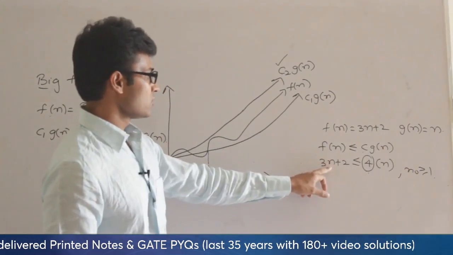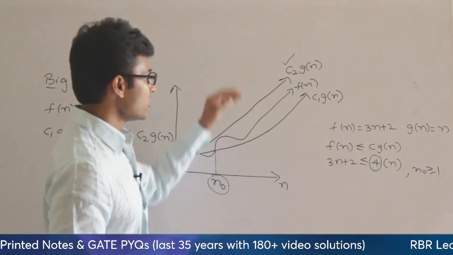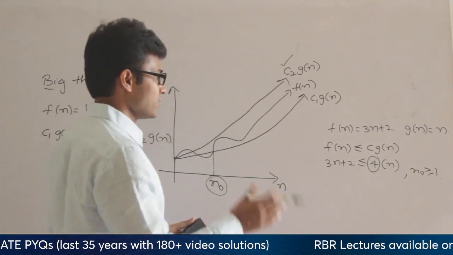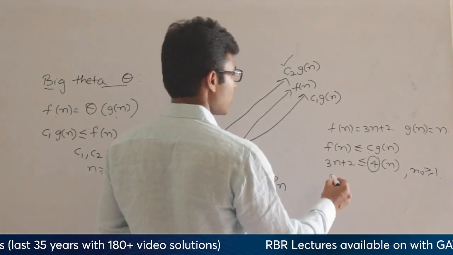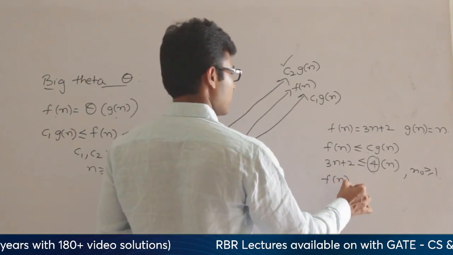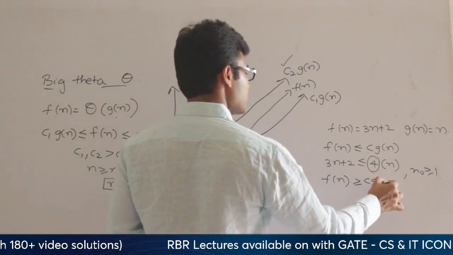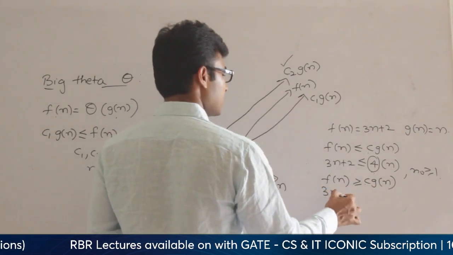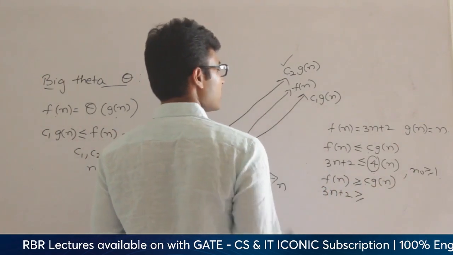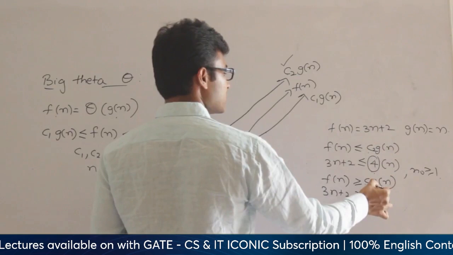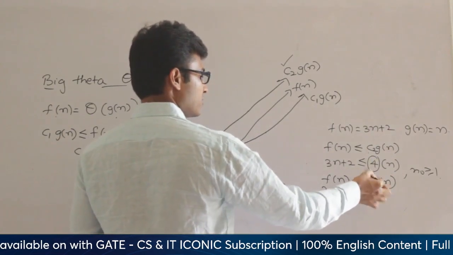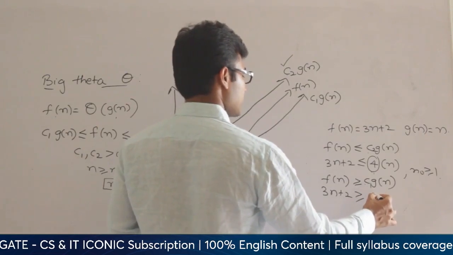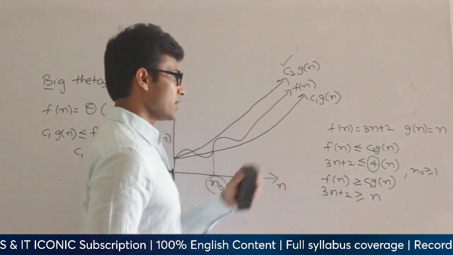So always 3n plus 2 is less than or equal to 4n, which means g of n can be an upper bound for f of n, as well as let us see if it is lower bound as well. So f of n is greater than or equal to c into g of n for what values? 3n plus 2 is greater than or equal to, let us say this is c2, this is c1, okay? And now if I substitute c1 equal to 1, which means I get n.